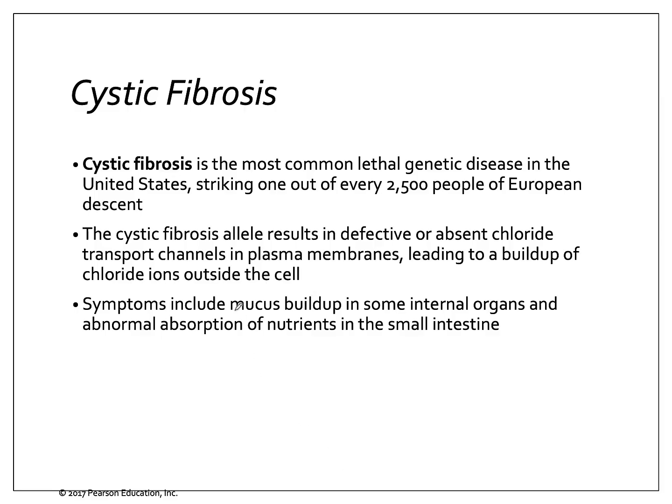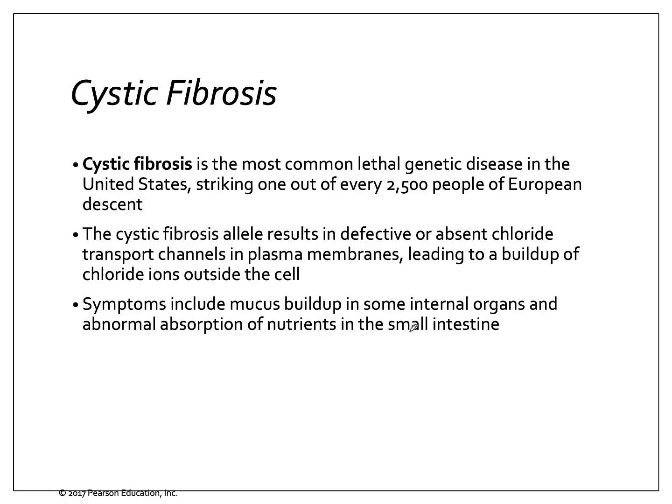Cystic fibrosis is another lethal genetic disorder. So this is a very common one. This would be 1 out of every 2,500 people of European descent. What happens with cystic fibrosis is the linings of the inside of the lungs and the digestive system become very thick.